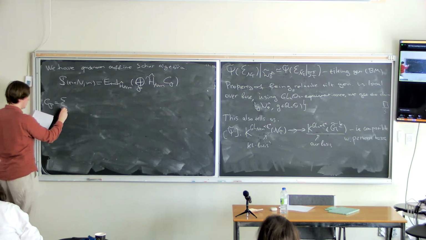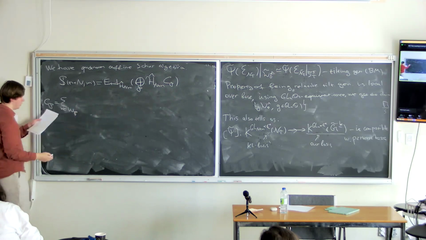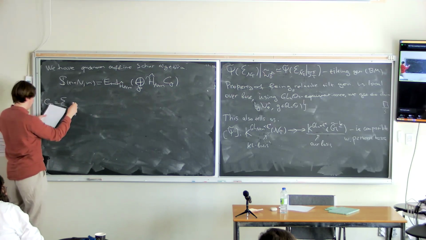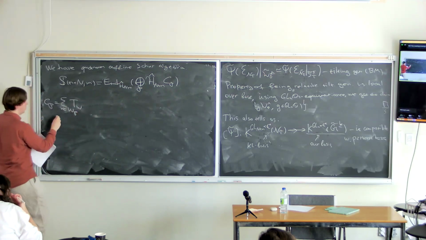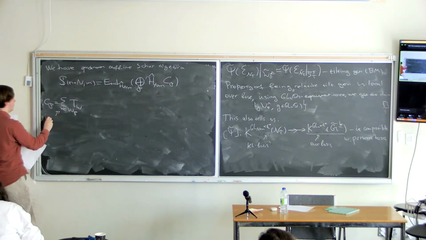So it's the sum over W in the affine group for this parabolic of T_W, and that's an idempotent.